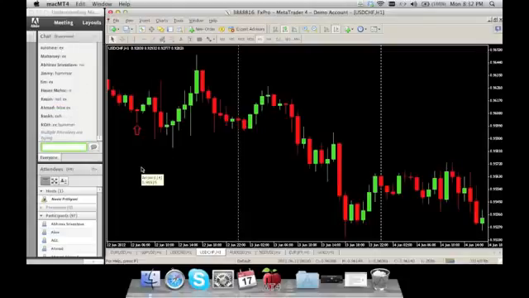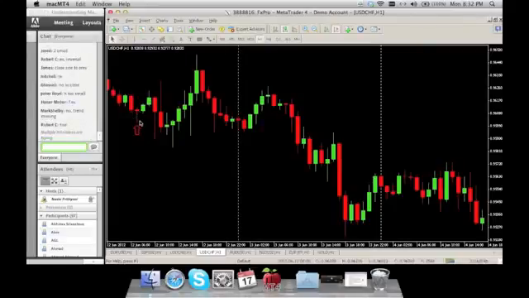Okay, the answer is no, this is not an exhaustion. The previous candle is way too big. Remember, just because the next candle went north does not make this valid.